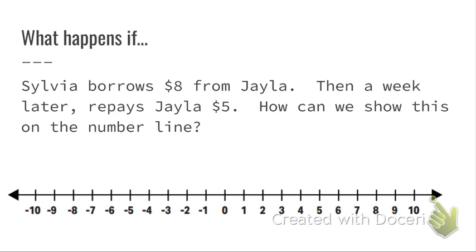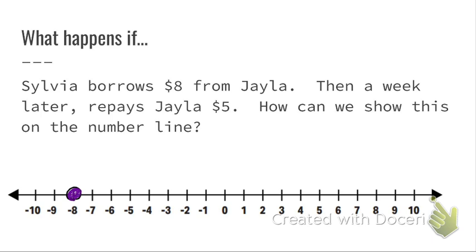So if Sylvia borrows $8 from Jayla, so borrows would be a debt. We would consider that negative. So she borrows 8 from Jayla. So that puts her here at negative 8. And then a week later, she repays her $5.